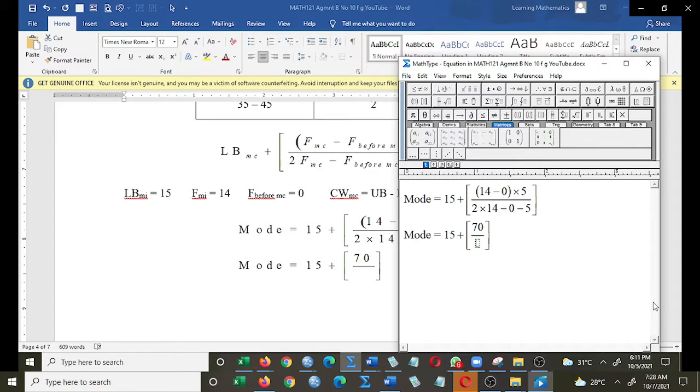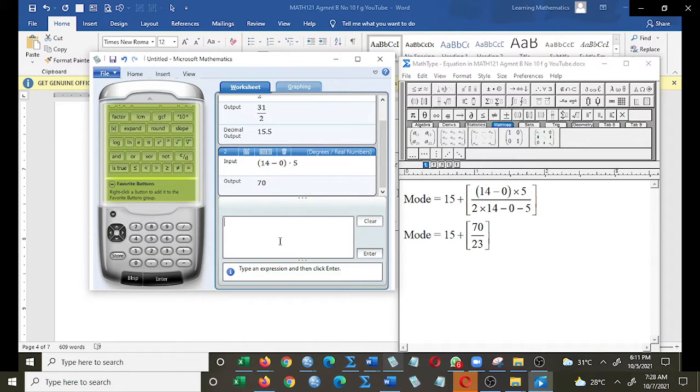What number comes in the denominator? 23. Can somebody please confirm that's 23 that's coming there? Yes, sir. 2 times 14 minus 0 minus 5 equals 23.